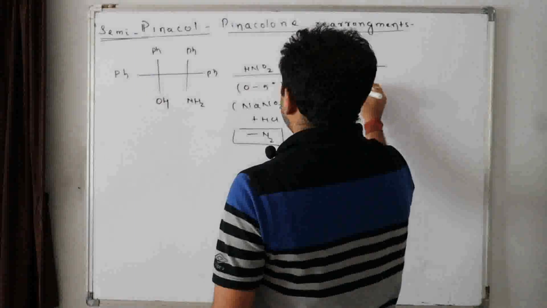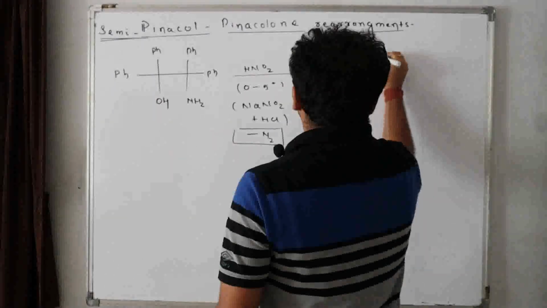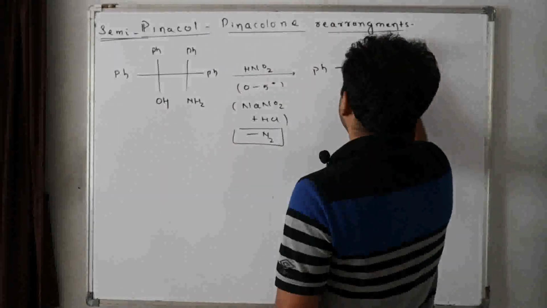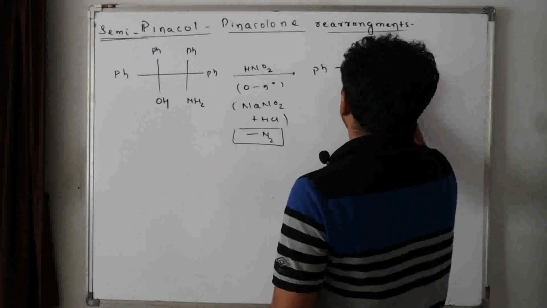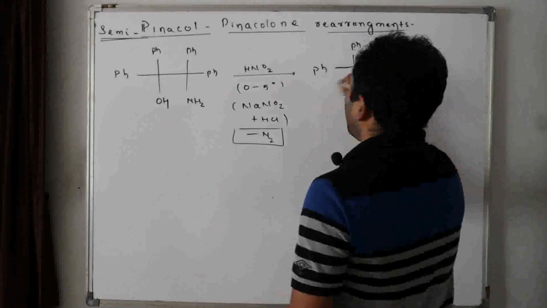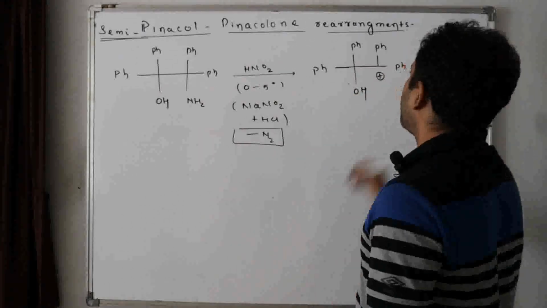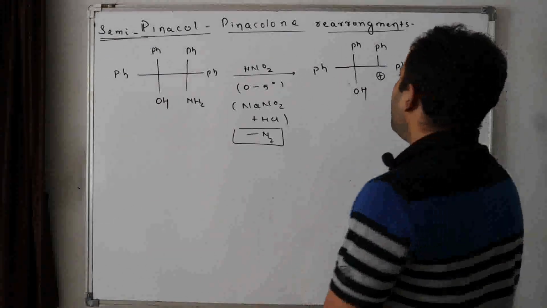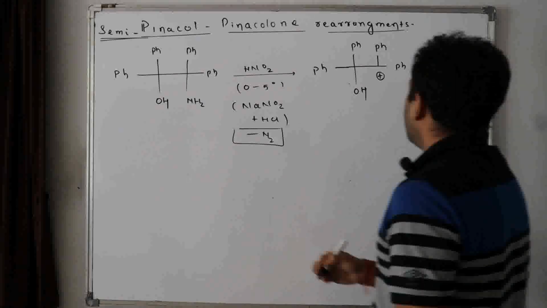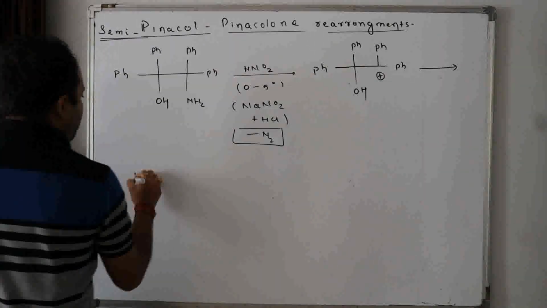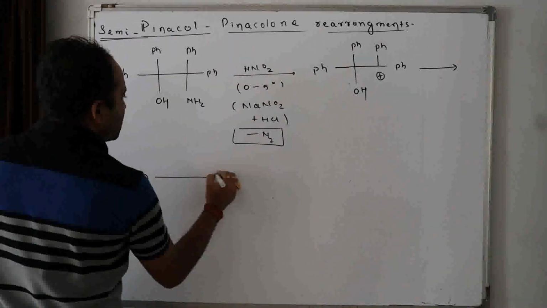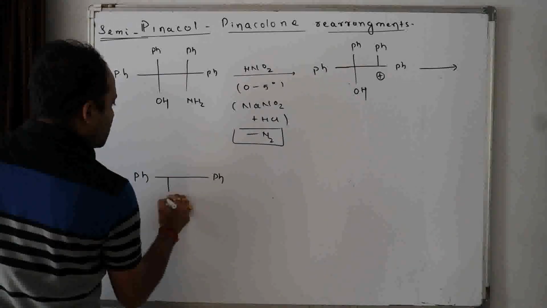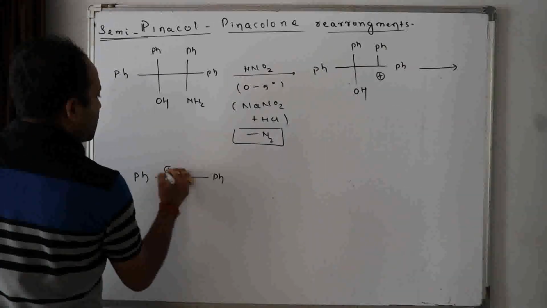Here, in spite of migrations and all the above rule that we studied, that most stable carbocation will be formed, is not maintained. First NH2 is attacked and plus is formed. After this you can follow the migration rules. Now who will shift? Phenyl will shift. So what will be formed here? Ph, Ph, OH plus.